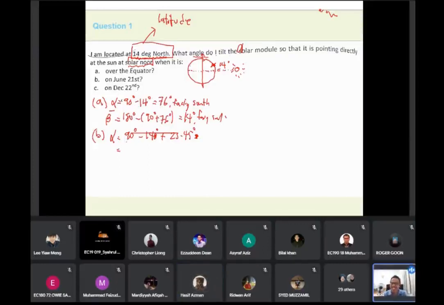Saya dapat 99.45. 99.45 facing to the south. Dia sebut belakang lah.